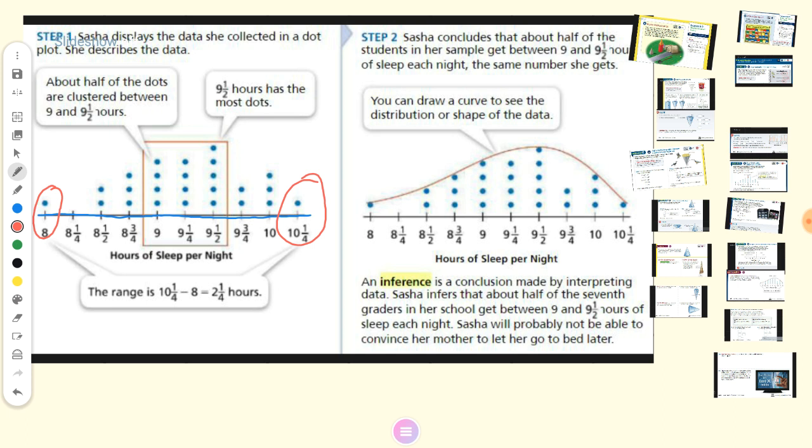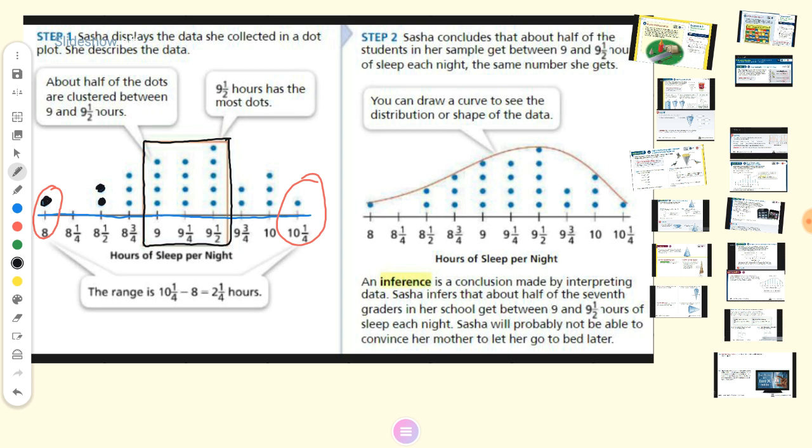She started asking her friends who sleeps 8 hours every day. Only one, so she puts one dot. 8 and a quarter, no one. 8 and a half, 2. And so on. We find that the clustered data is between these three values. What is the meaning of clustered?